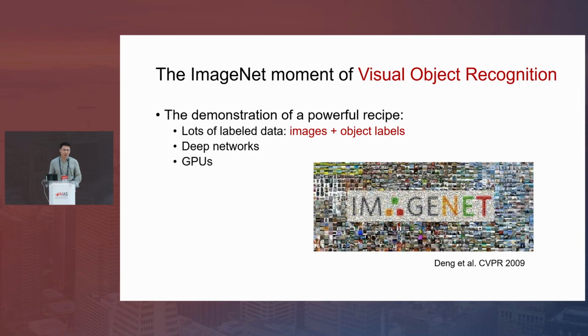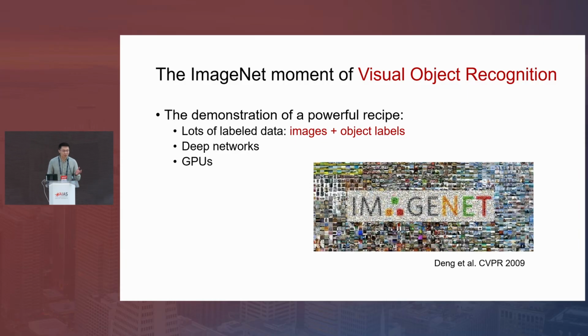You probably have heard the phrase, the ImageNet moment. It is often invoked to mean the demonstration of a powerful recipe that consists of three main ingredients: lots of labeled data, used to train very large deep networks, on lots and lots of GPUs. Once you have all three ingredients, as people have put it, success is guaranteed.